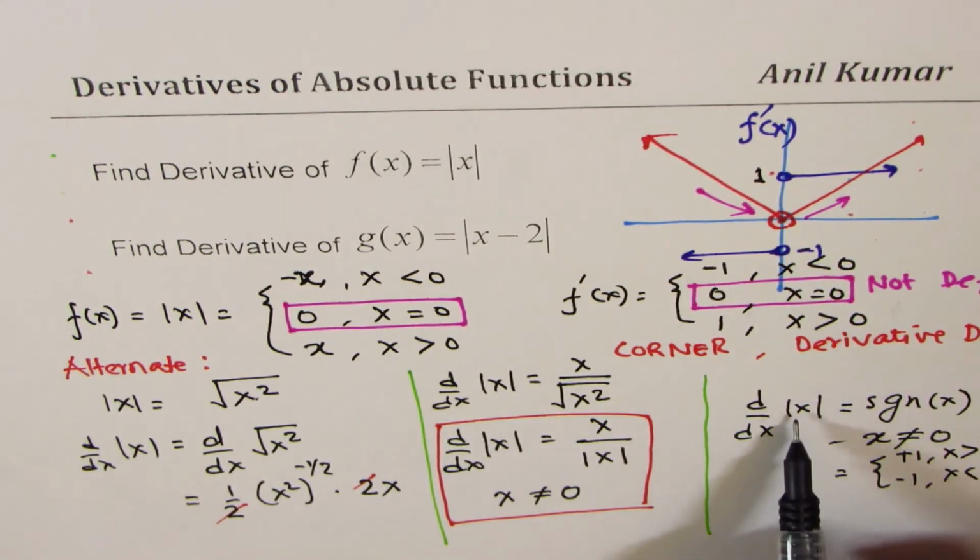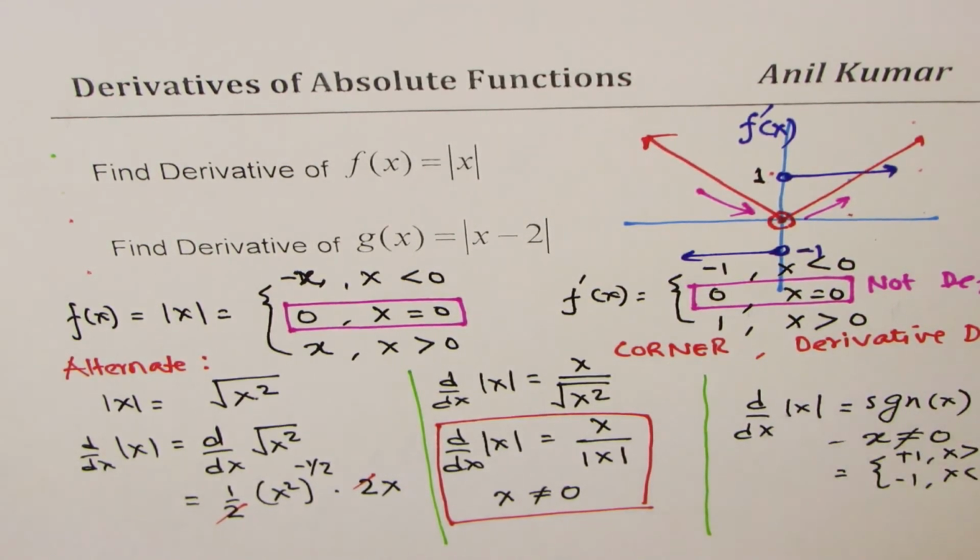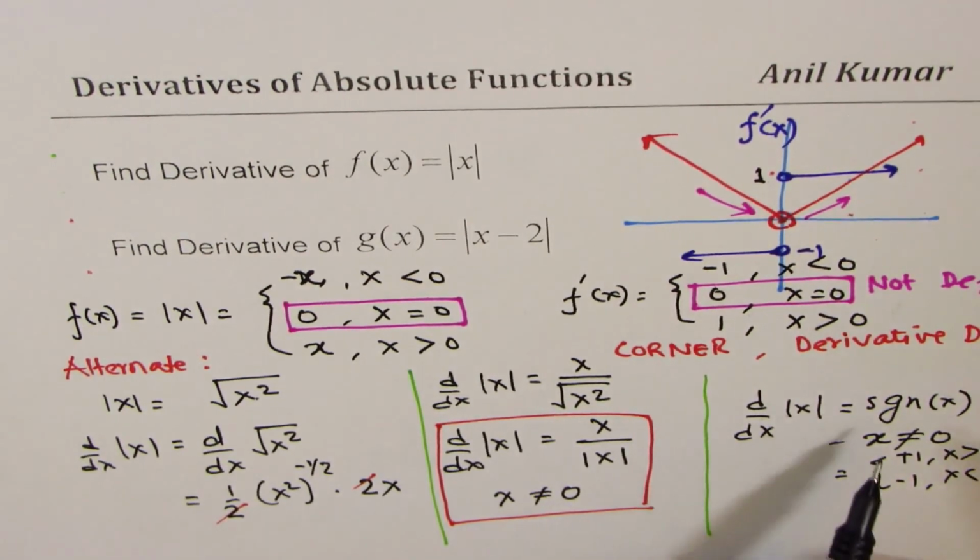So the derivative of absolute x can be written as signum x. You get an idea, right?